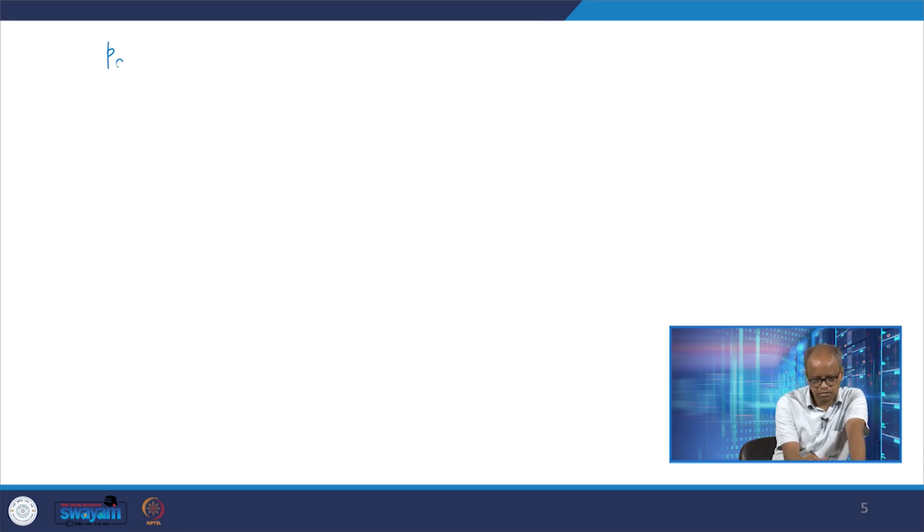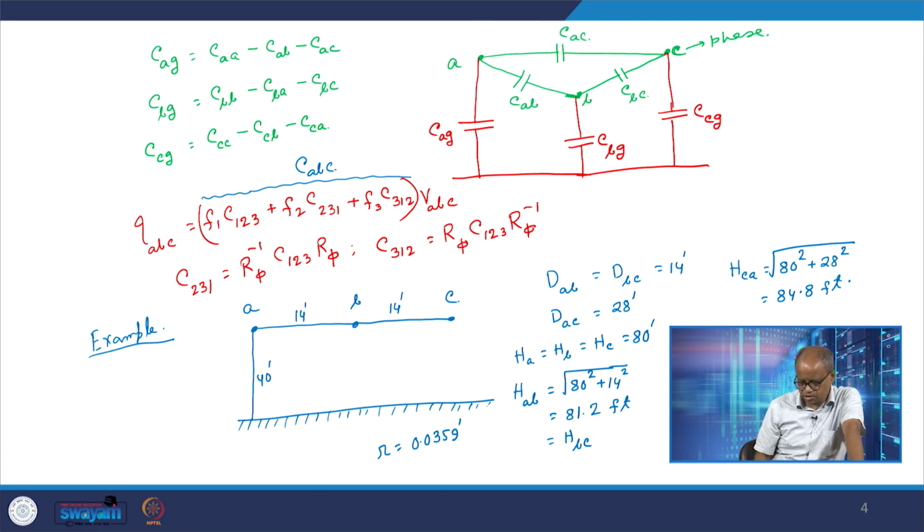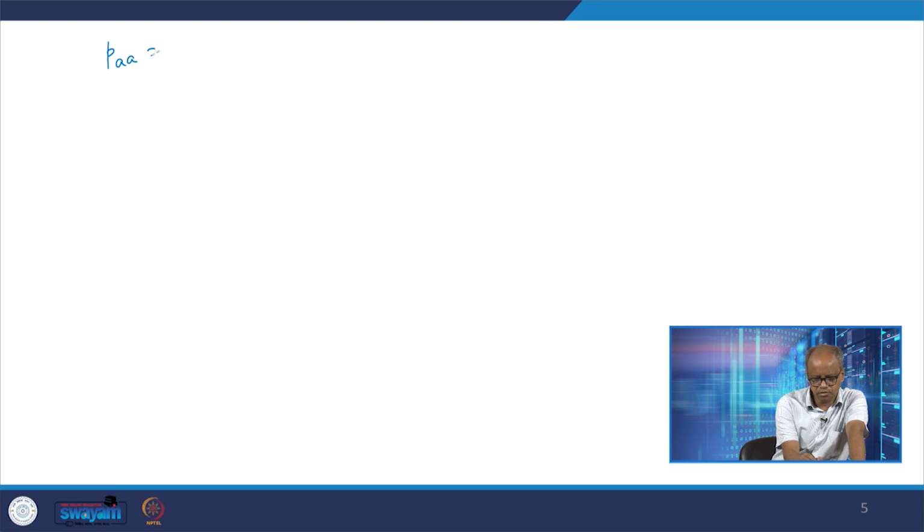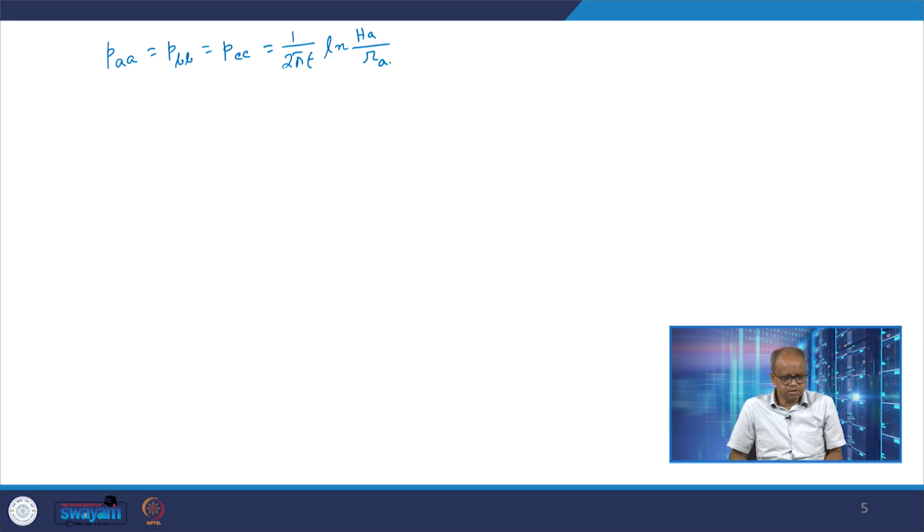Because here HA is equal to HB is equal to HC is equal to 80 feet, PAA also would be equal to PBB and also equal to PCC, which is 1 by 2 pi epsilon log HA by R. That is the expression, because PA is equal to 1 by 2 pi epsilon log HA by RA, PB is equal to 1 by 2 pi epsilon log HB by RB, and PCC is equal to 1 by 2 pi epsilon log HC by RC.